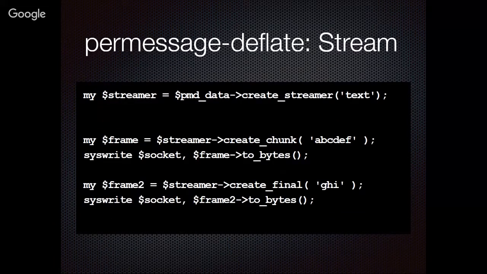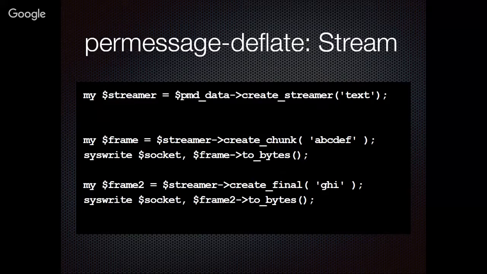So streaming, and this is something that none of the other CPAN WebSocket modules support. I want to be able to stream. You kind of have to read the specification for a little bit to work this out, but you only do a flush at the end of a message, on the final frame of a message.